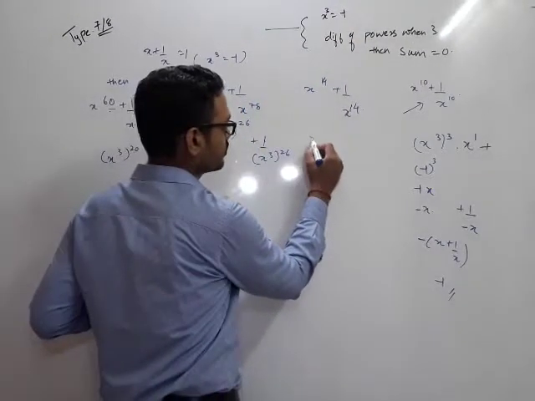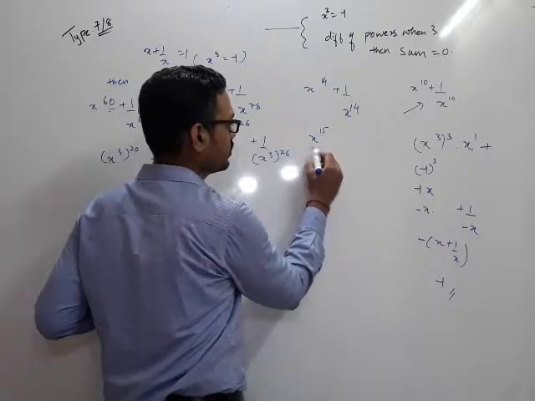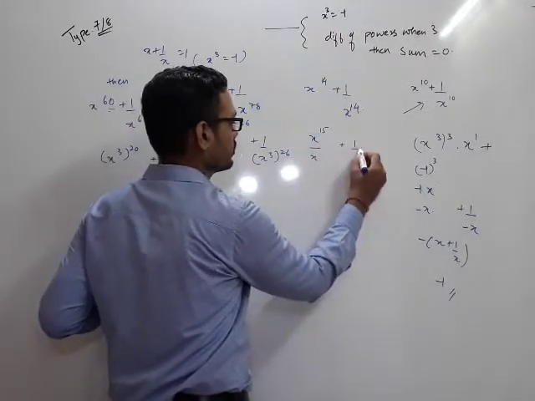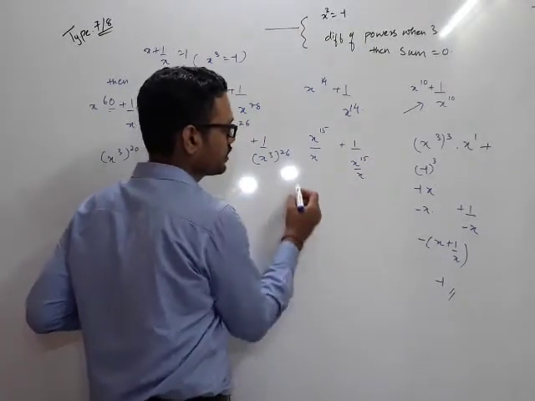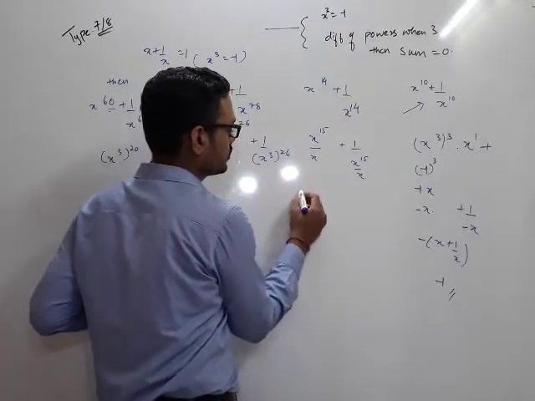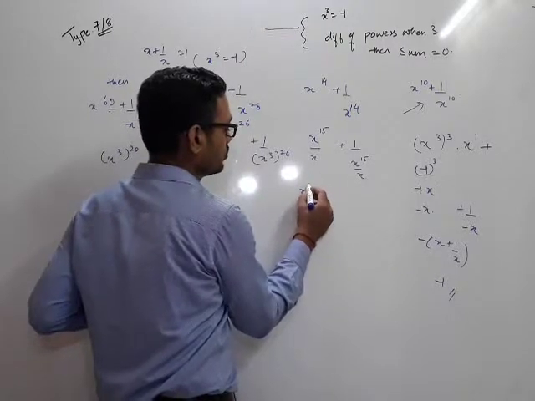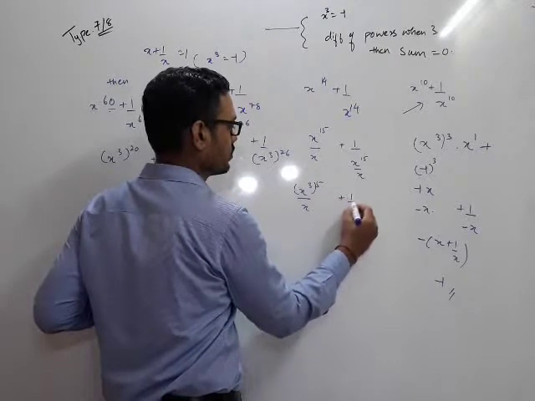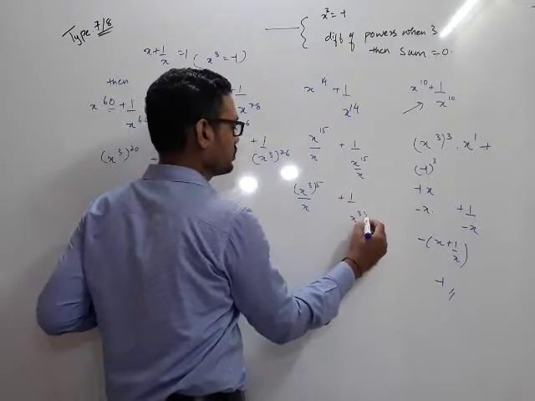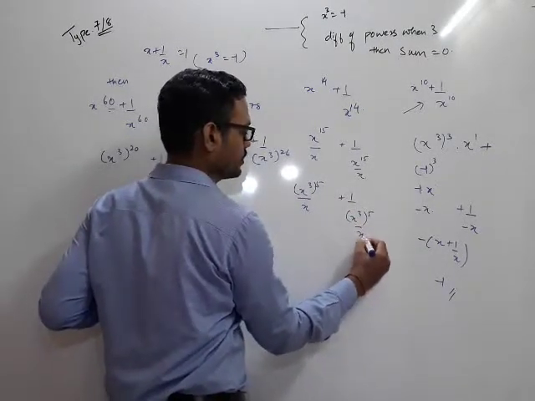Same thing over here. This can be written as x raised to 15 upon x plus 1 upon x raised to 15 upon x. This is also one and the same thing. X raised to 15 is x raised to 3 raised to 5 upon x.